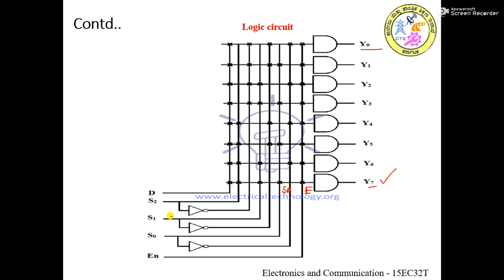This line corresponds to S1. Similarly, this line corresponds to S2. And finally, one more line is connected, that is D. So all these literals have to be multiplied, that is E into S0 into S1 into S2 into D, which is nothing but the expression for Y7.